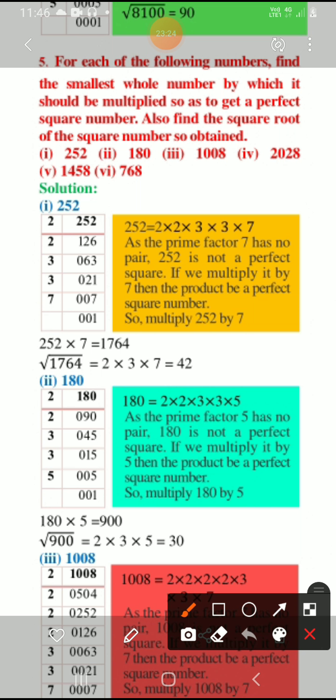Then 3 6s are 18, right? Look here. 2 6s are 12, and then 2 3s are 6, 63 comes.